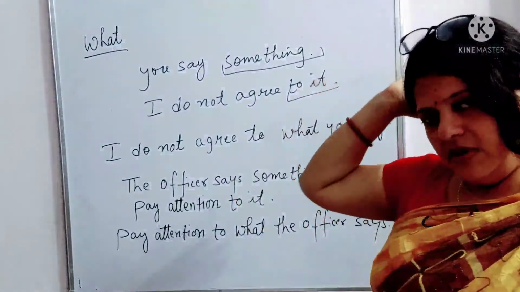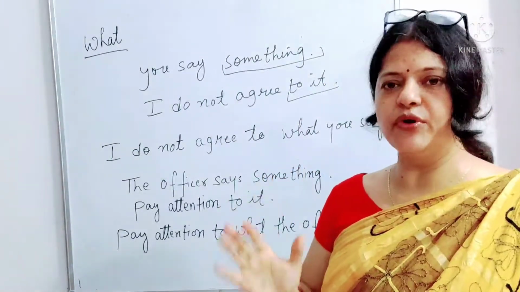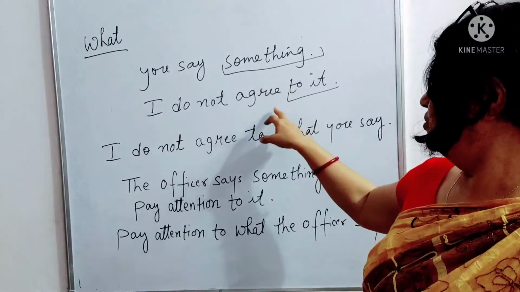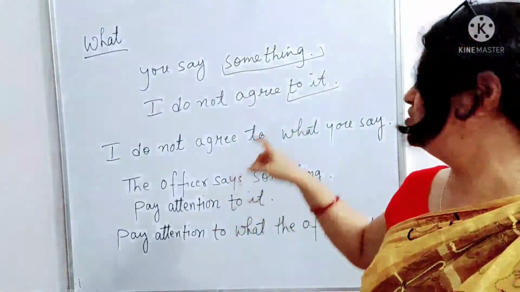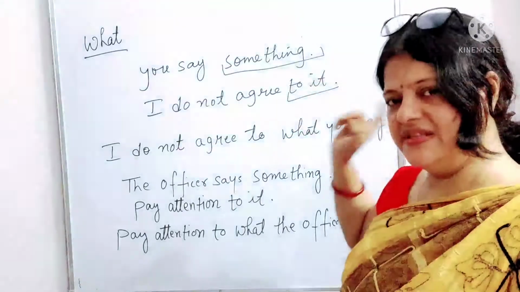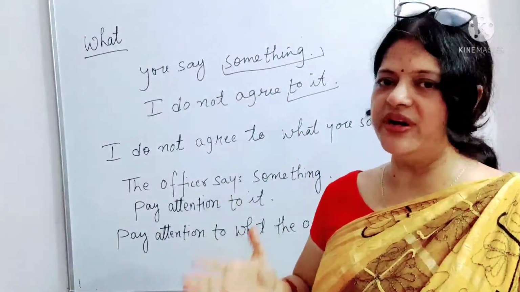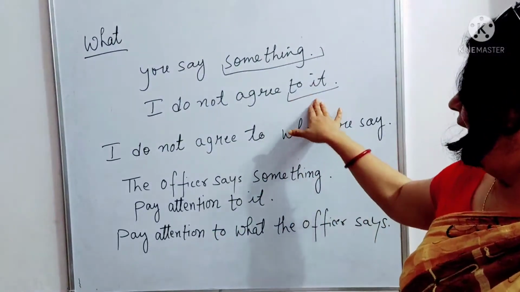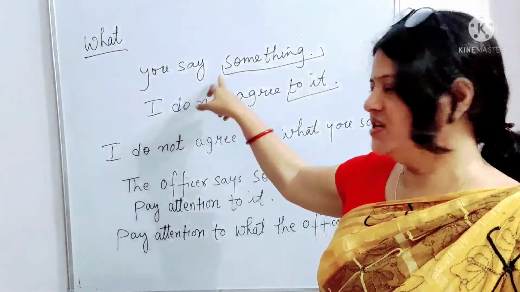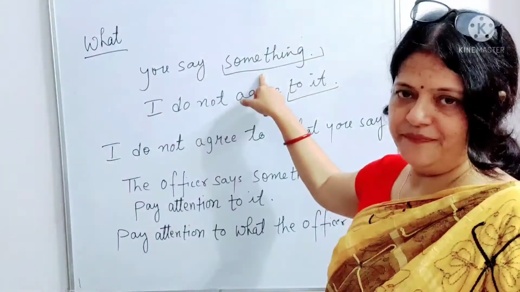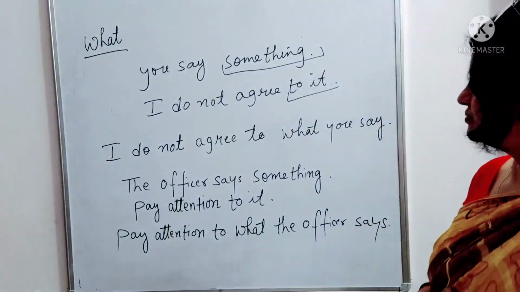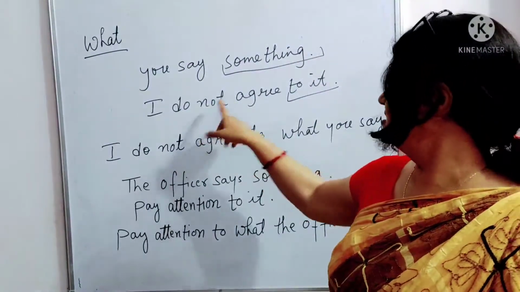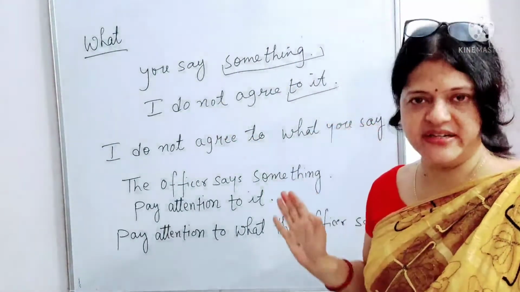Okay. Now again try to understand what I'm saying. There should be two sentences. One sentence will end with to it, on it, or in it, and in the second sentence, there should be the word something. So we will make the principal clause of this sentence, but we will not use it.